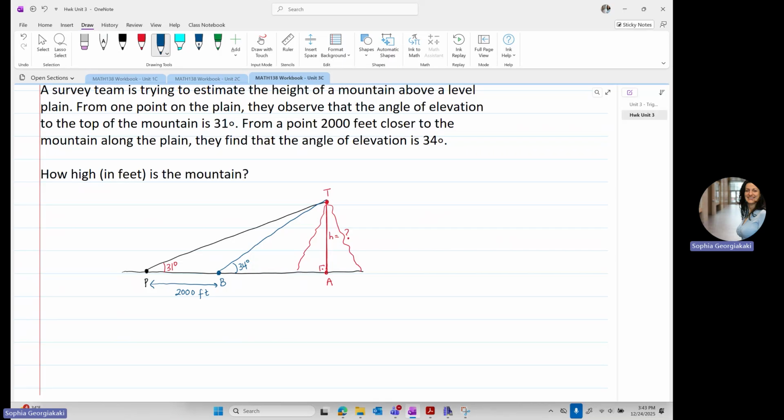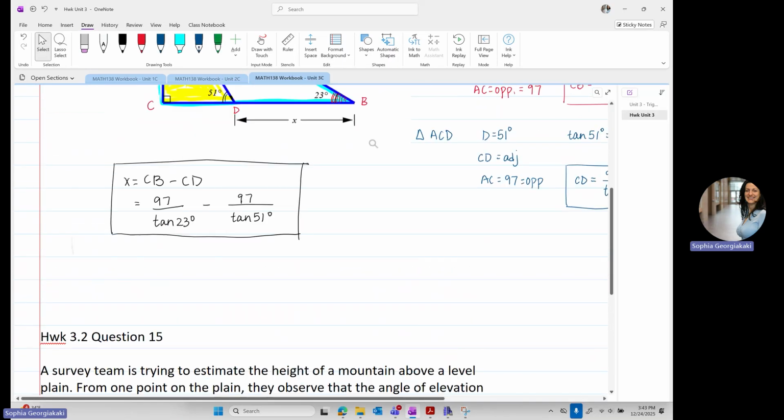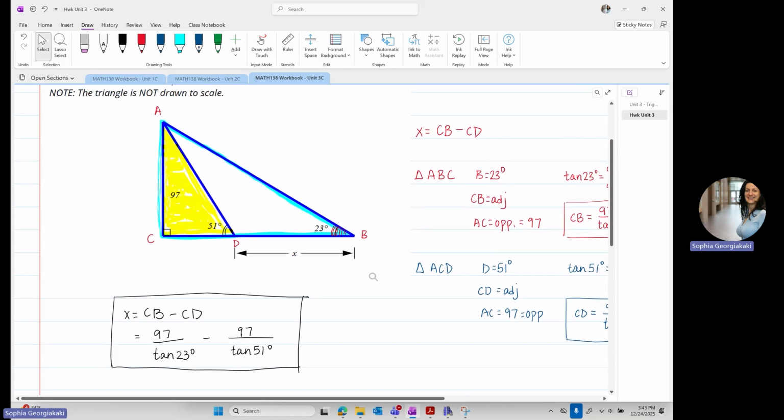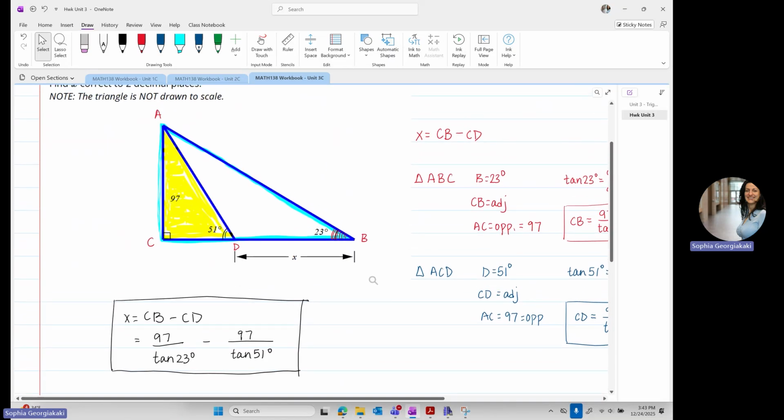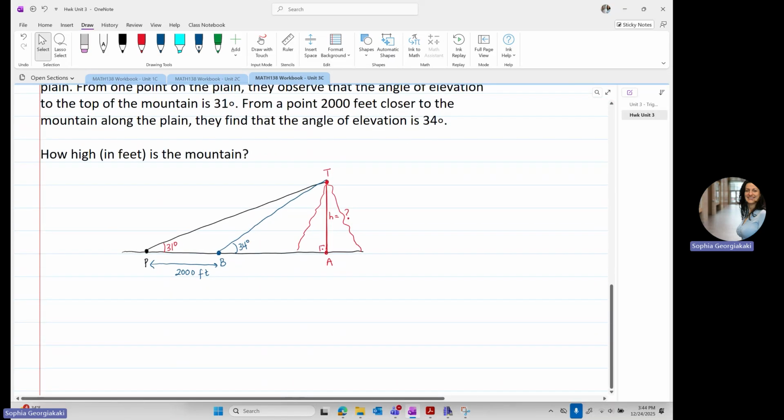In addition, 2,000 feet is not a side of a right triangle, but this problem is indeed the backwards of this problem. So in this problem, they gave us the height, assume the height of the mountain was the 97, and they were asking us for the little x between the 2 points. And here they are giving us the little x, and they are asking us for the height of the mountain.